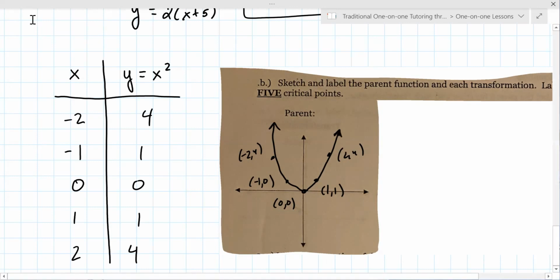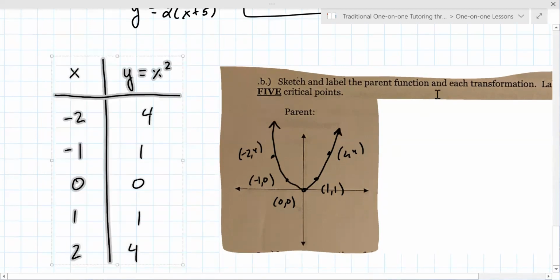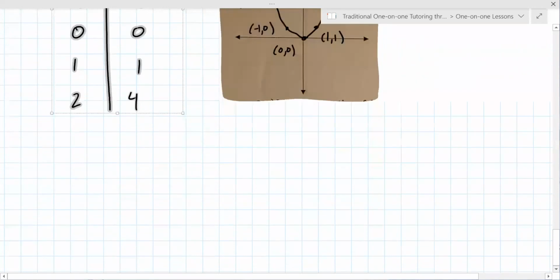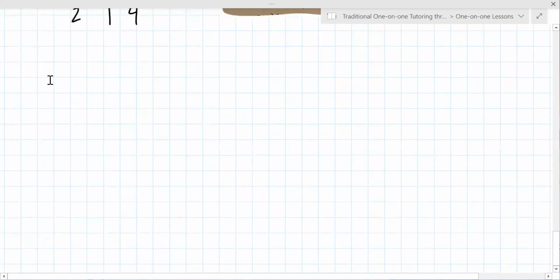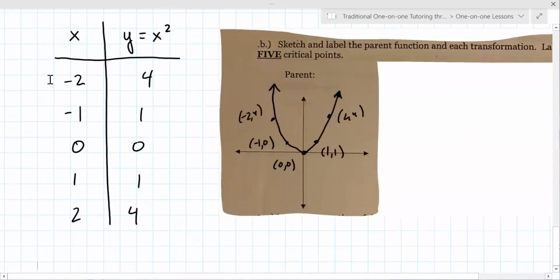Okay, so we're going to grab this table. Wait, I need to finish that.